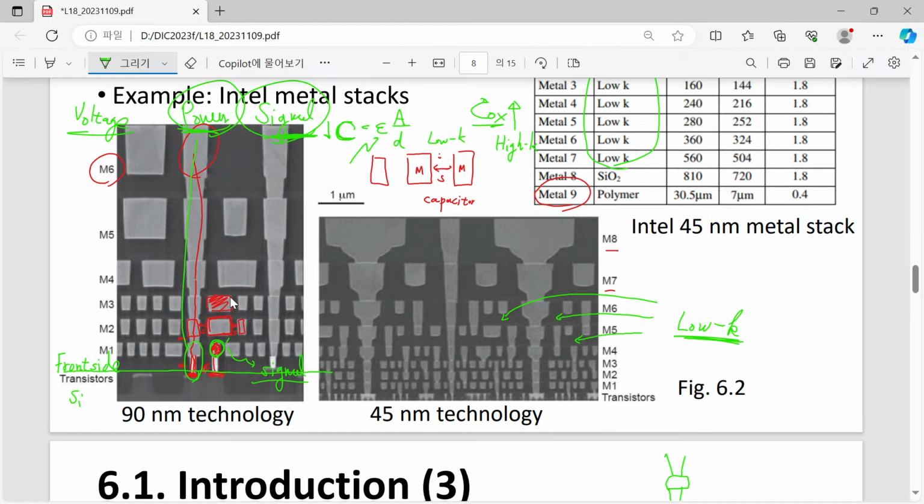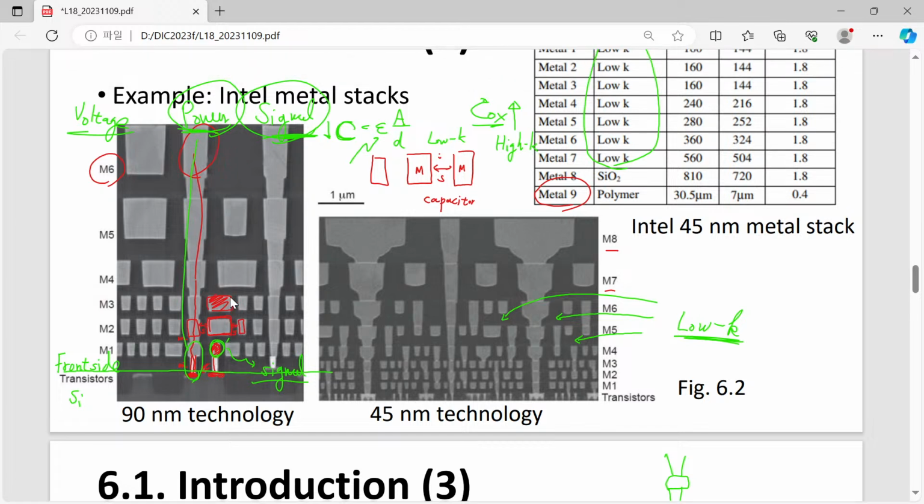So the consequence of this situation is that the front side is very much populated and heavily occupied by busy lines. Metal lines are so busy.